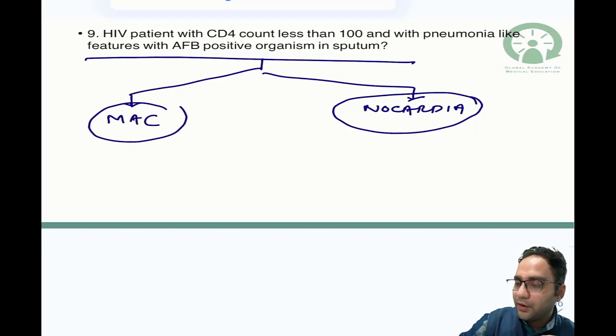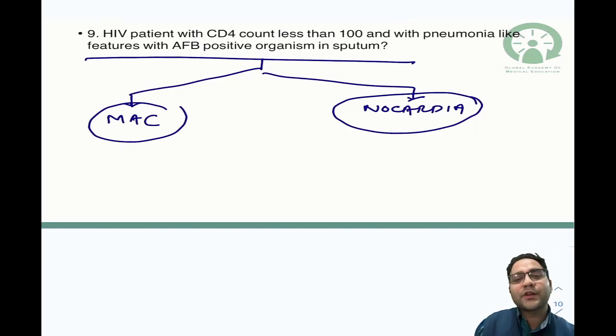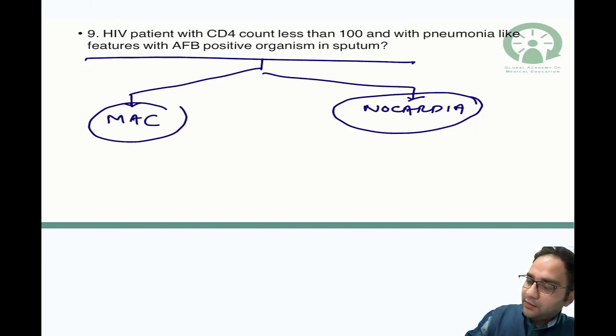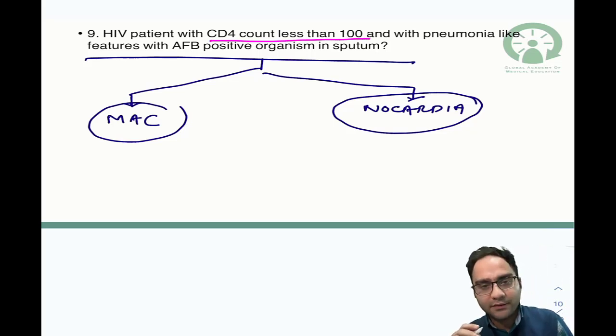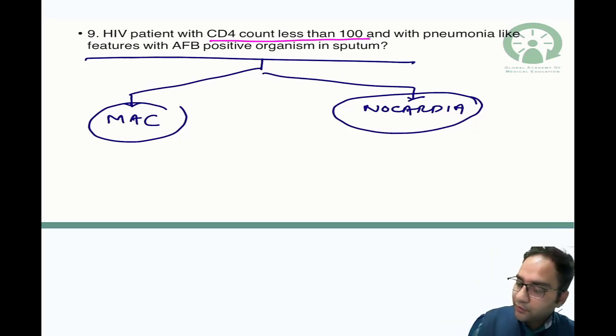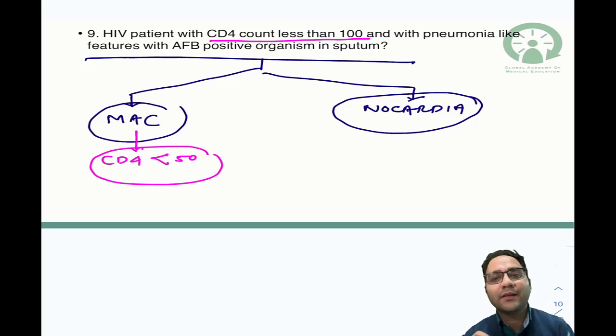So let me clear your confusion. The first important statement here is CD4 count less than 100. For MAC, the CD4 count should be less than 50. So this is one of the pointers that the CD4 count here is less than 100.